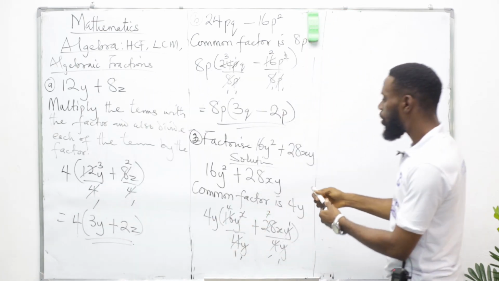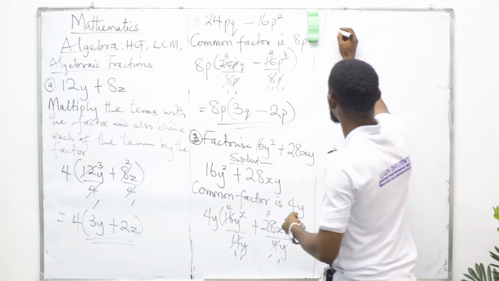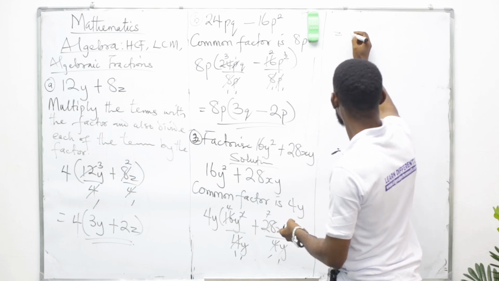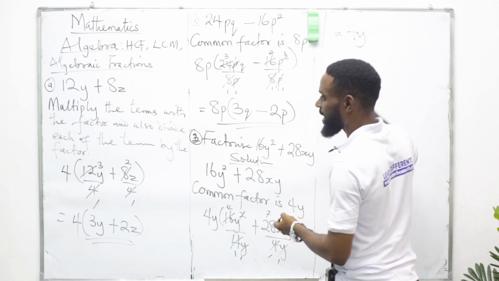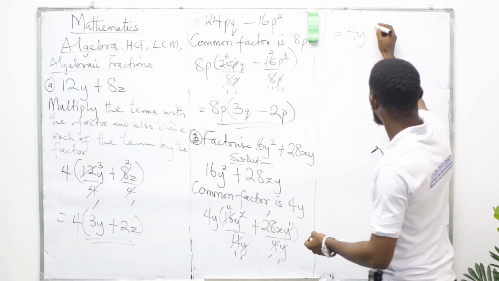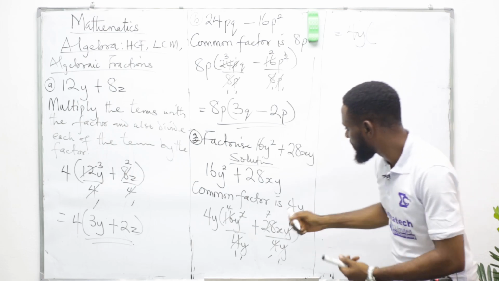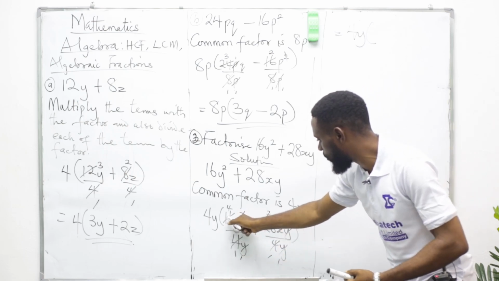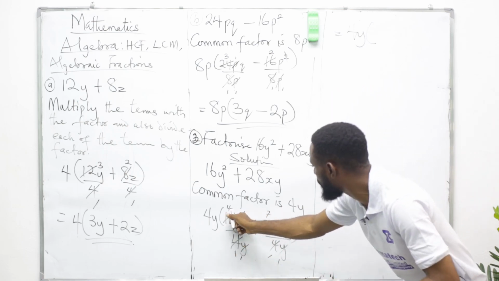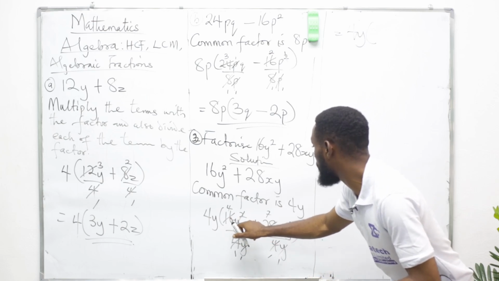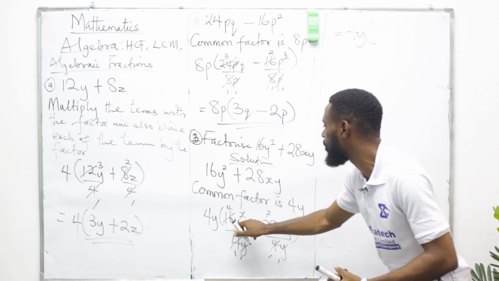Okay, so what we have here is now the expression 4y, open bracket. Now in the bracket, what we have is the answer we got when we divided 16 by 4. So this is 4, and every other thing here, 4 and y, because we removed one of the y's here.